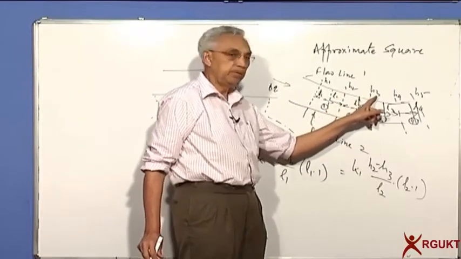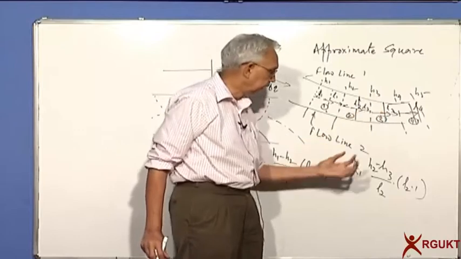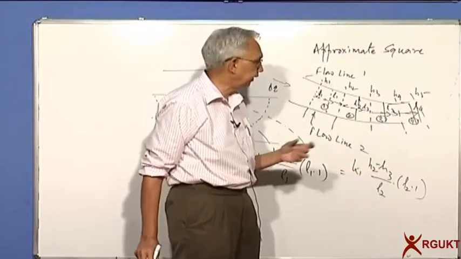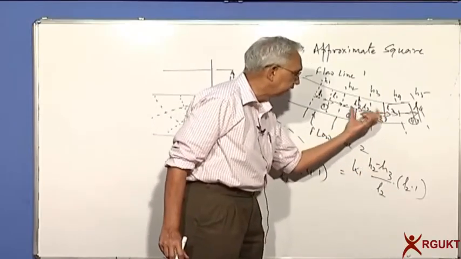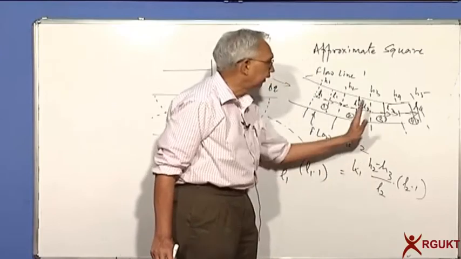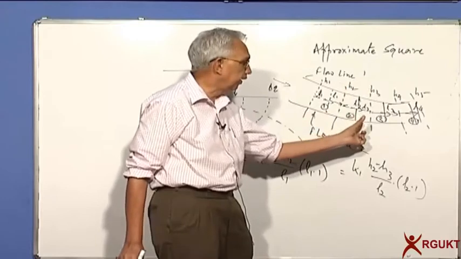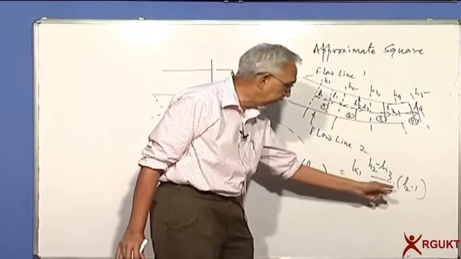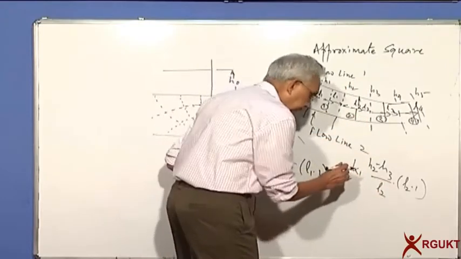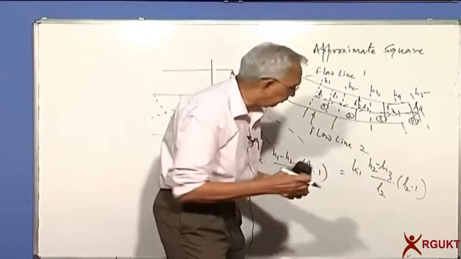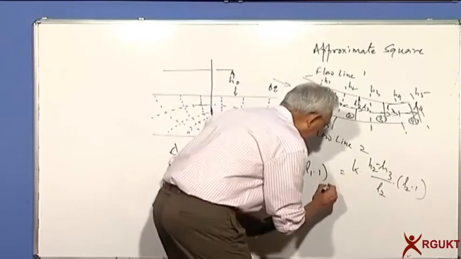From H2 to H3. So that is H2 minus H3. And what is the distance of travel? It is L2. What is the area of flow? This distance is L2 times 1, which gives me L2 into 1. That is the area. Similarly, the third element, fourth element, etc.